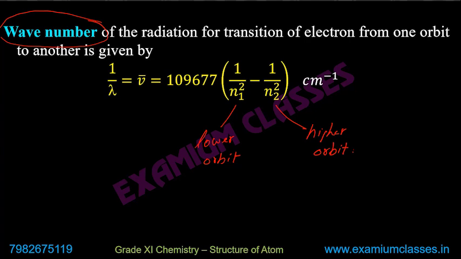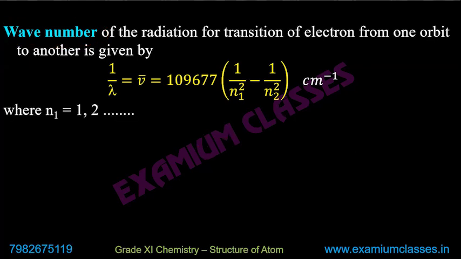In the wave number formula, n2 is always greater than n1. Whether the transition is from first to fourth or fourth to first, you will apply the same formula: n1 will be 1, n2 will be 4. It does not depend on the transition direction. n1 will always be less than n2 in this formula.